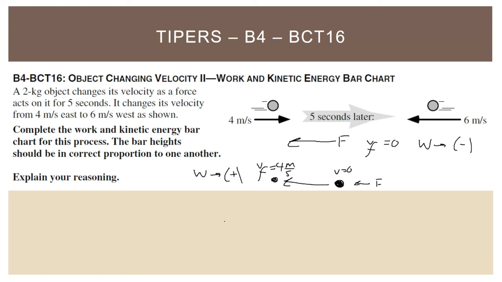And it should be clear to everybody, based on the fact that work is equal to the change in kinetic energy, the negative amount of work that would be done in making an object go from 4 meters per second to 0 meters per second is the exact same amount of work, just positive now, to make an object go from 0 meters per second to 4 meters per second.